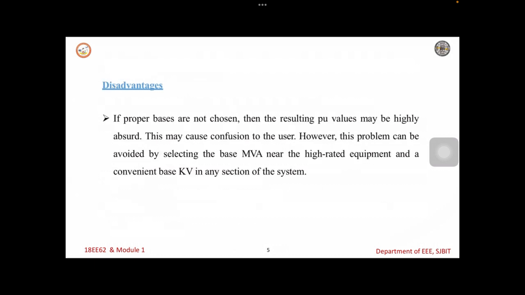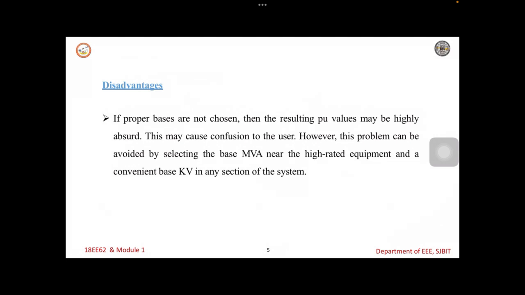Let us see what are the advantages of per unit quantities. The per unit value is same for both phases of the transformer, that is whether it is a single phase or a three phase, the per unit quantity values are same.